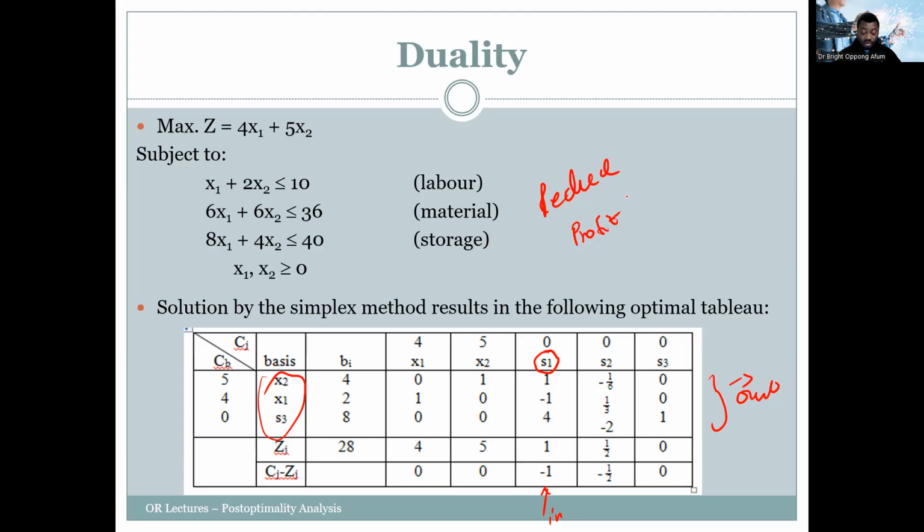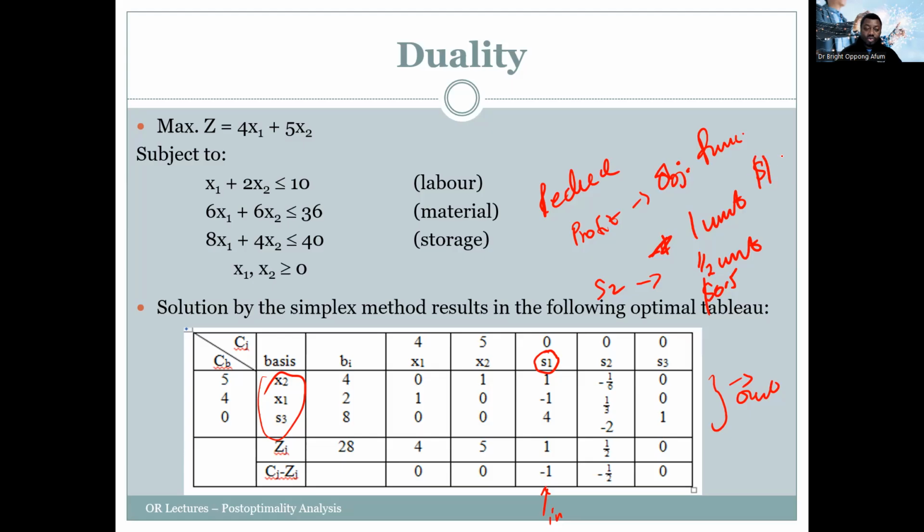We assume we are dealing with profits, so it's going to reduce our objective function by 1 unit because it's -1, right? And similarly, if S2 enters the solution, it will reduce the objective function by half of a unit. Let's say that unit is $0.5, and this one is $1.